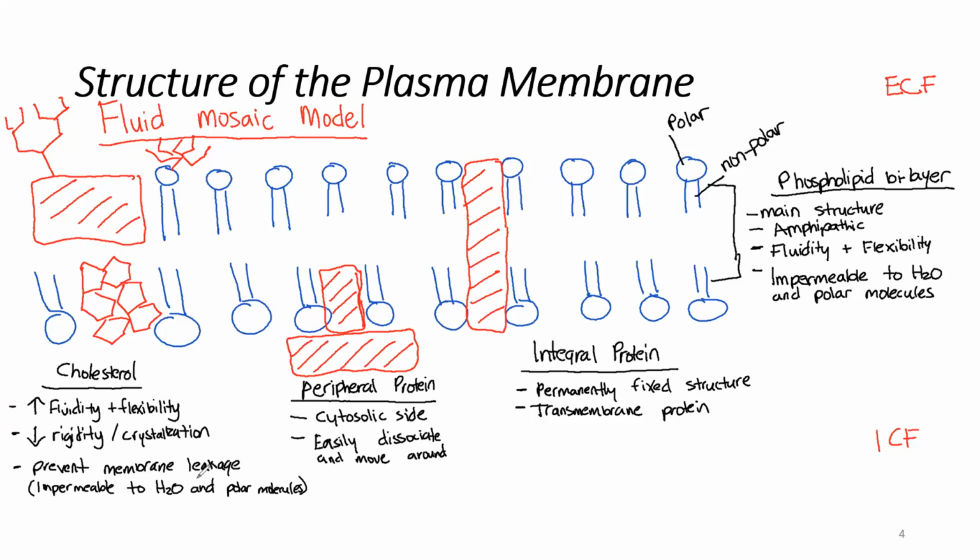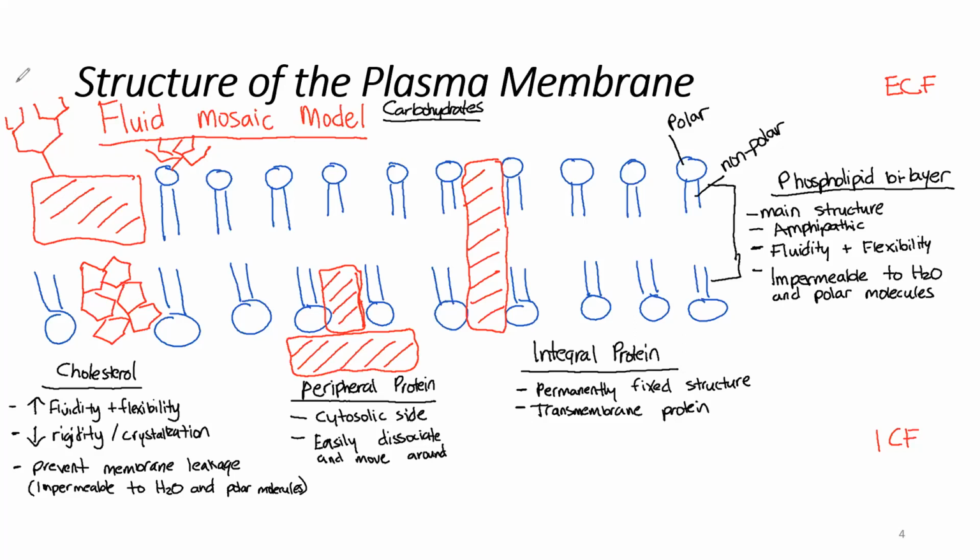The final structures we're going to talk about are carbohydrates. So carbohydrates are also structures within the cell membrane. We have two types. They're basically covalent linking of these branched carbohydrate chains, these polysaccharide chains, either to the phospholipid, and we call them glycolipids, or to the proteins in the membrane, and we call them glycoproteins.